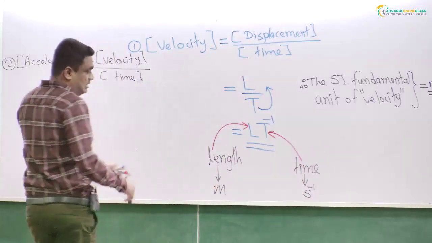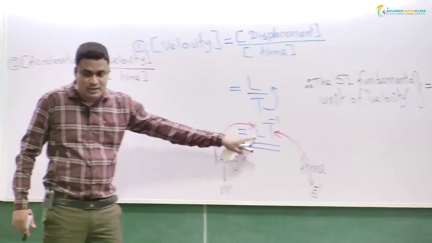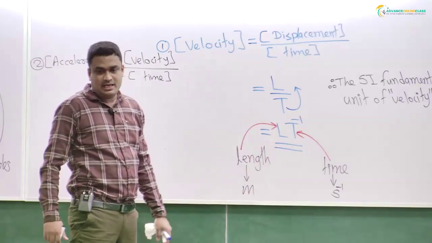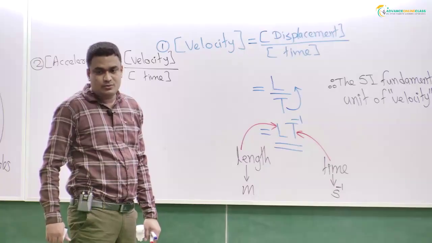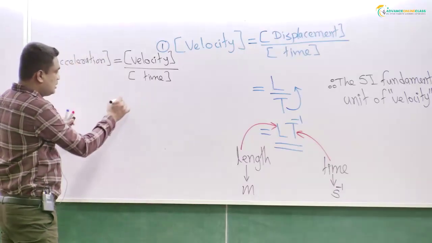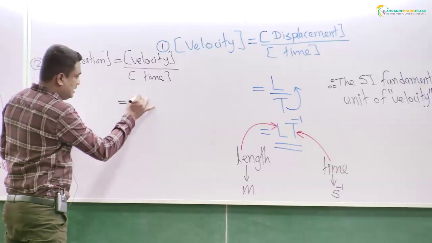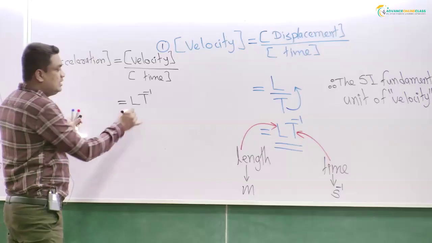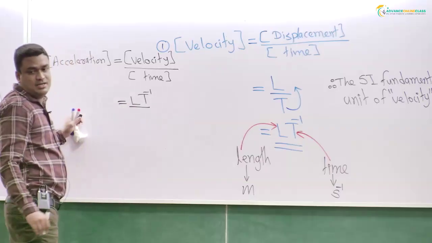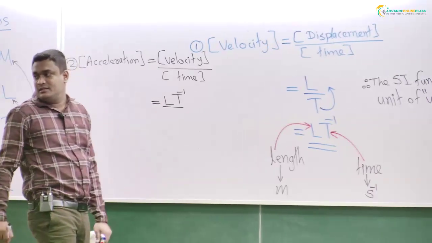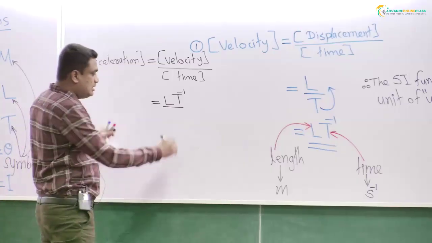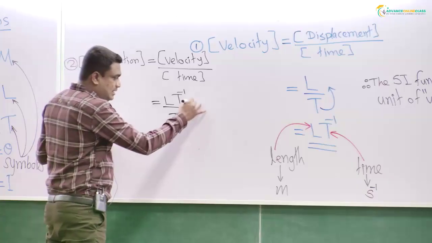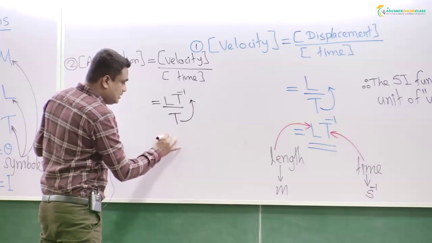Dimensions of velocity. What is it, dear? Dimensions of velocity is LT to the power minus 1, divided by dimensions of time, which is capital T. Capital T can be taken up.